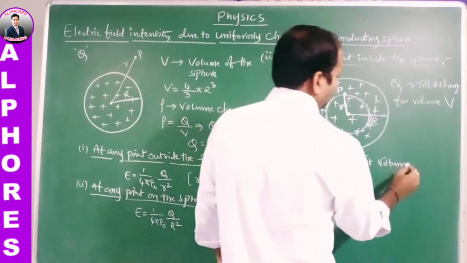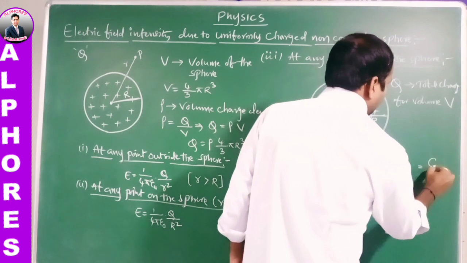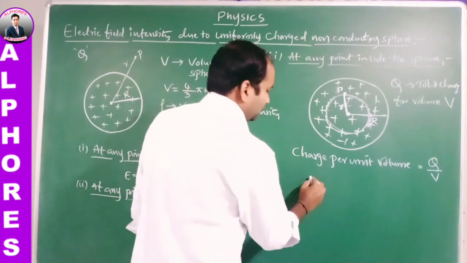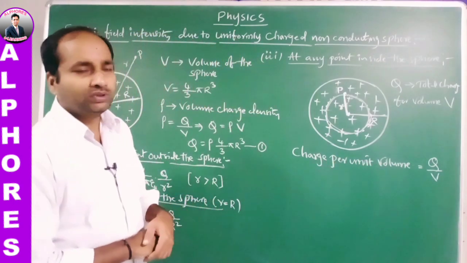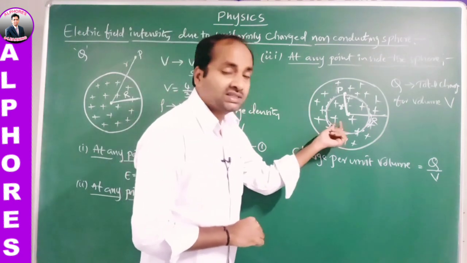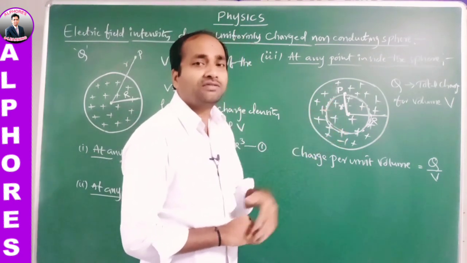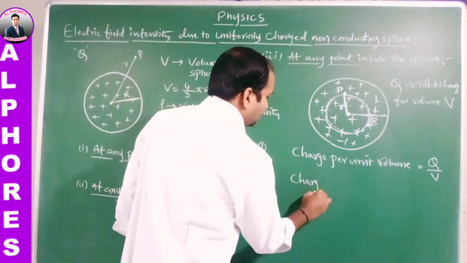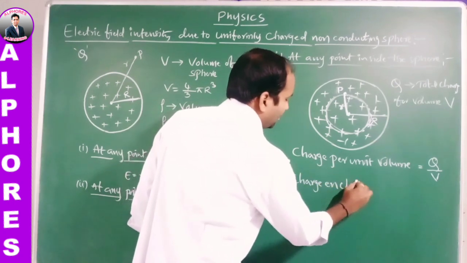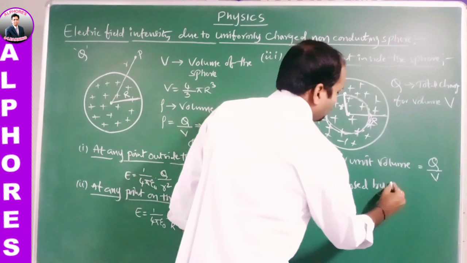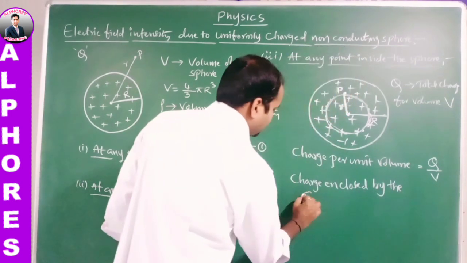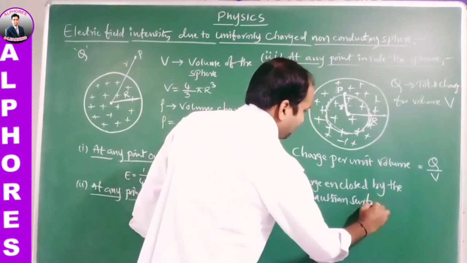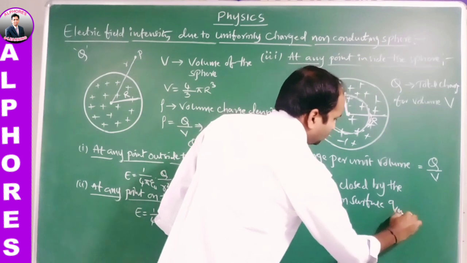Charge per unit volume is capital Q by V. Now the charge of the Gaussian surface in the form of a sphere of radius r: charge enclosed by the Gaussian surface, let us denote it by Q enclosed.